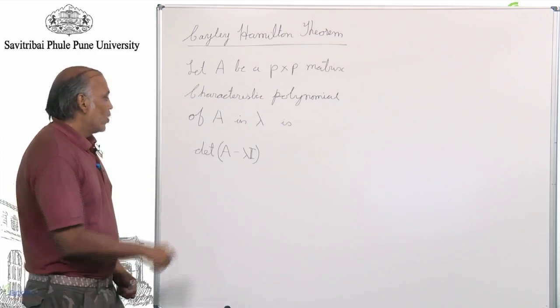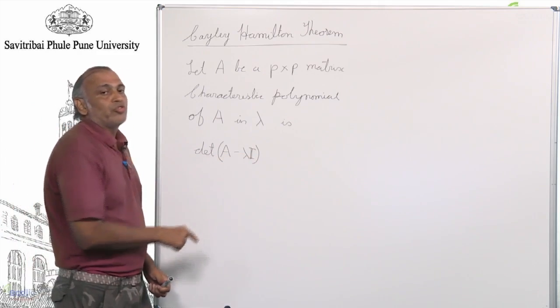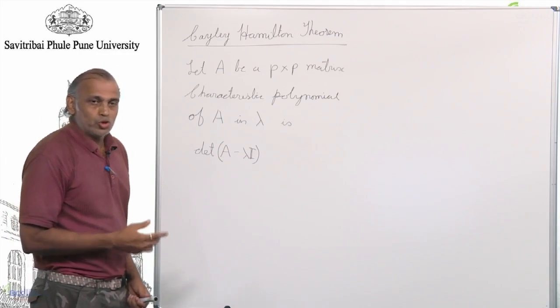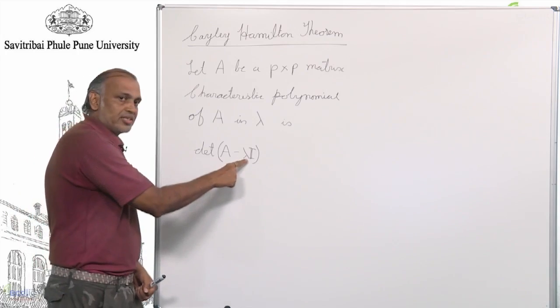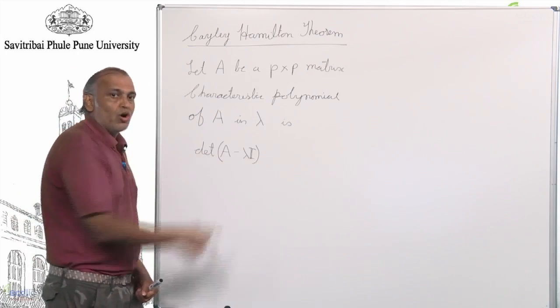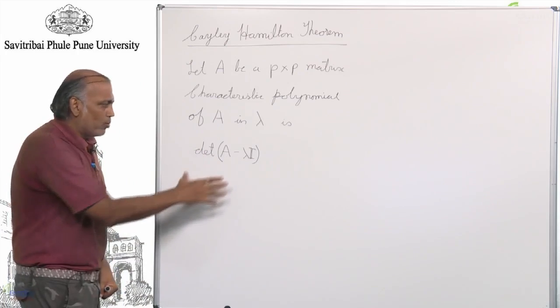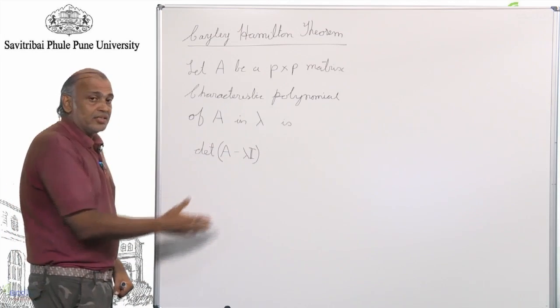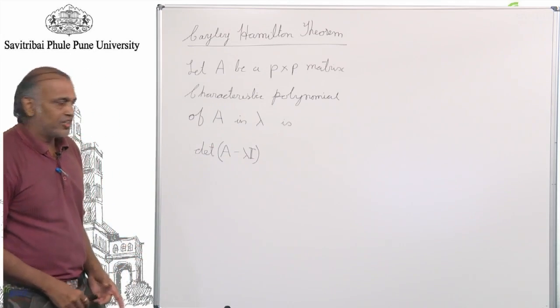Normally, one sets this to 0 in order to find out the characteristic values, also called eigenvalues of A, which are the roots of the equation that results. But at the moment this is just an expression. Lambda need not be the characteristic value.